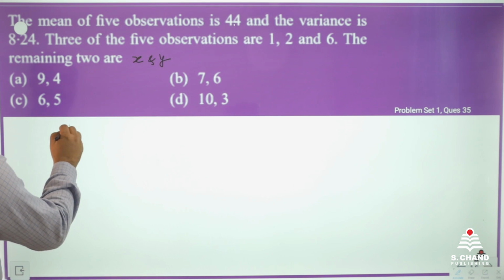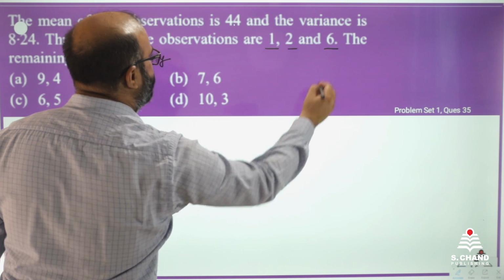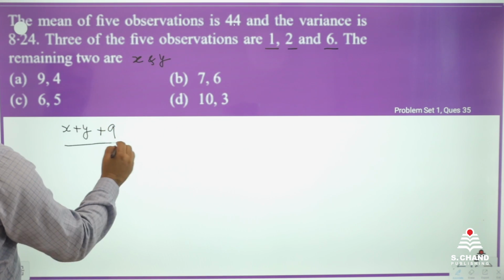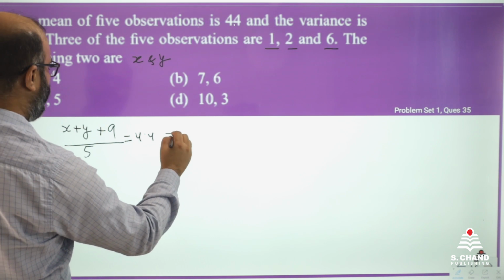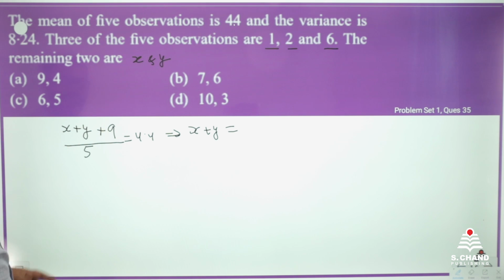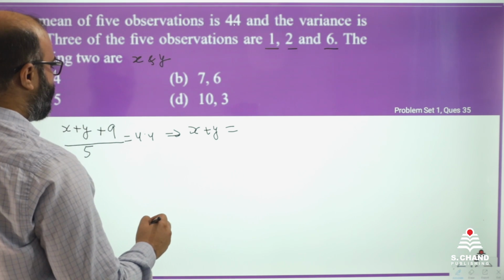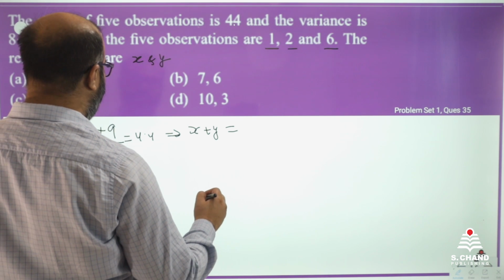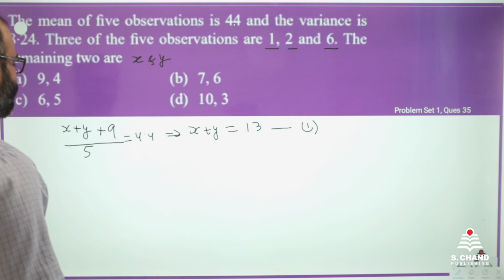So you can take x plus y plus the addition of these 3, which is 9, divided by 5, equal to 4.4. So x plus y is equal to 4.4 into 5, which is 22, minus 9, so it will be 13. This is the first equation.